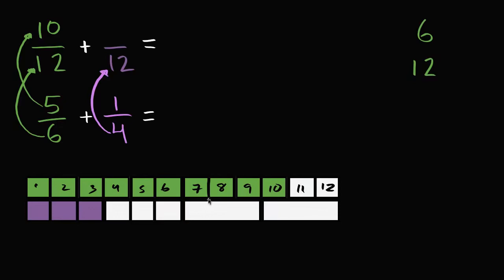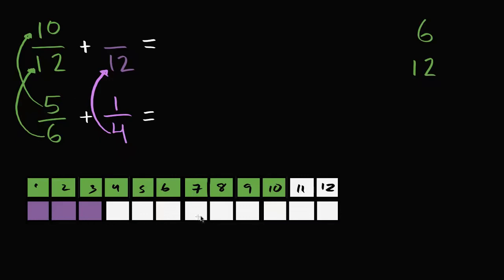I think you see where this is going. 1, 2, and 3. I have 1, 2, and 3. And so notice, before I had 4 equal sections, now I turned each of those 4 sections into 3 sections, so now I have 12 equal sections. And I did that essentially by multiplying the number of sections I had by 3.